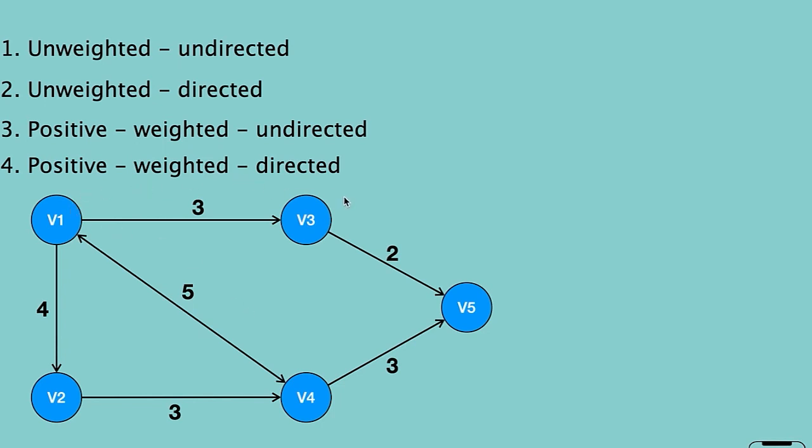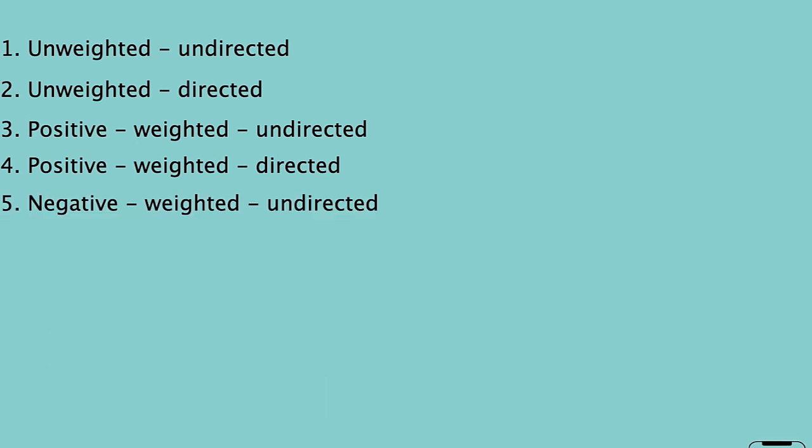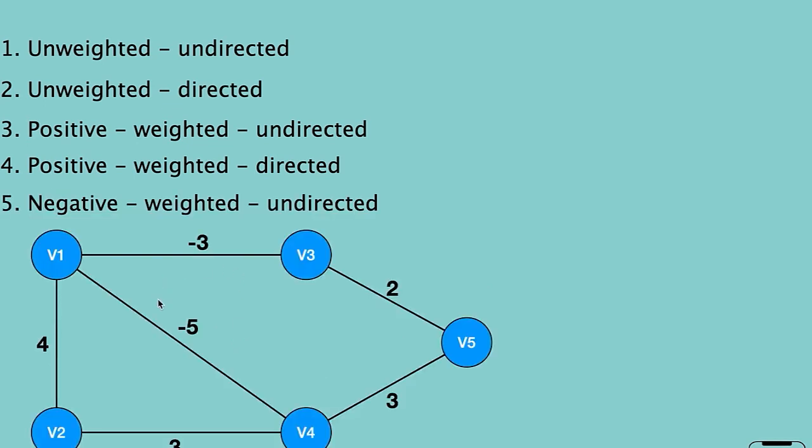Now the next type of graph is negative weighted undirected graph. So in this case, if any weight that is associated with the edge is negative, we are calling it negative weighted graph because at least one weight is negative. So here you see that from V1 to V4 we have -5, and from V1 to V3 we have -3. So this is negative weighted and undirected graph.